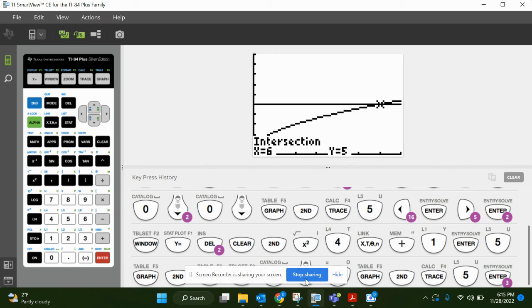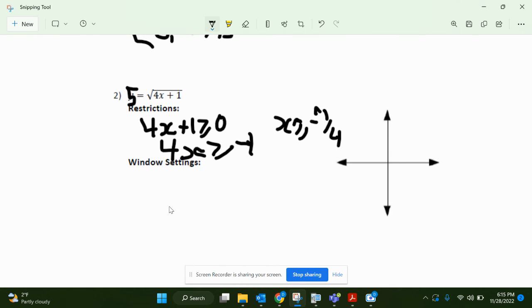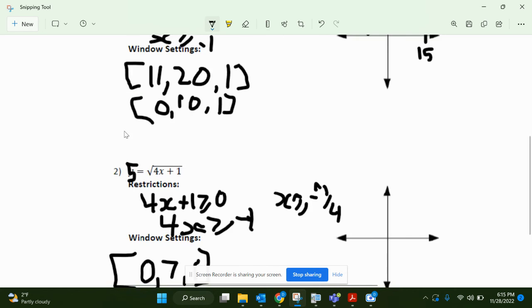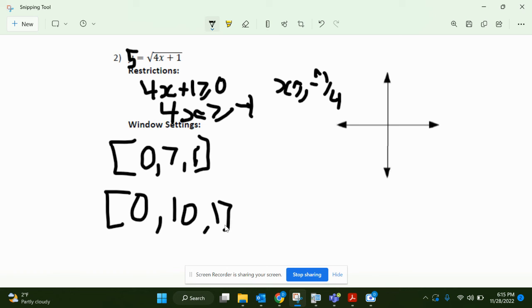So what did we find out? My window settings were a min of 0 for x, 7, and 1, and my y was still 0, 10, and 1.